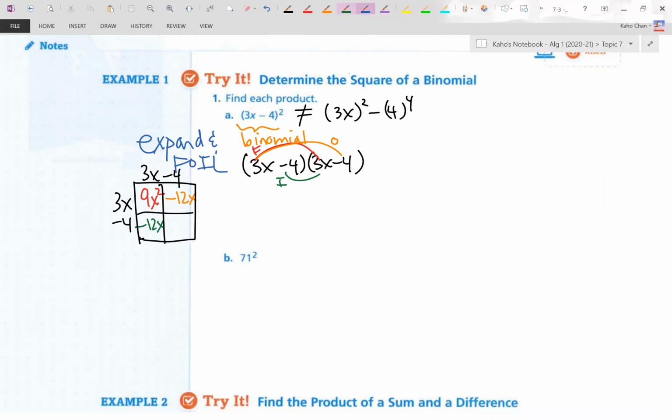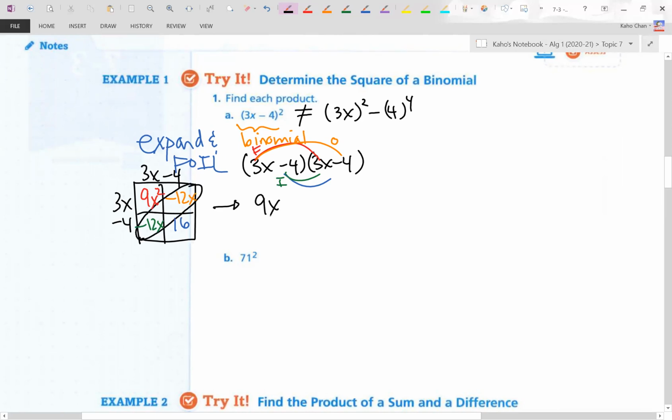And last term, of course, negative 4 times negative 4, be careful, is positive 16. So we have the situation where the middle two terms do add together. So be careful there. We get 9x squared, negative 12 plus negative 12 is negative 24x, plus 16.